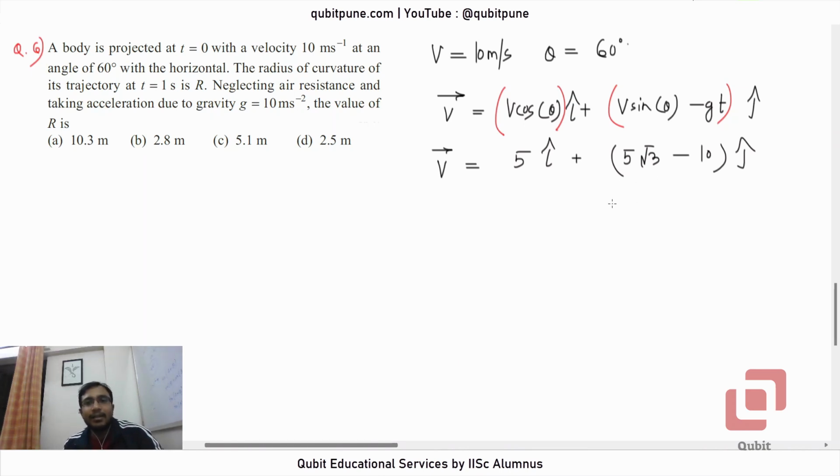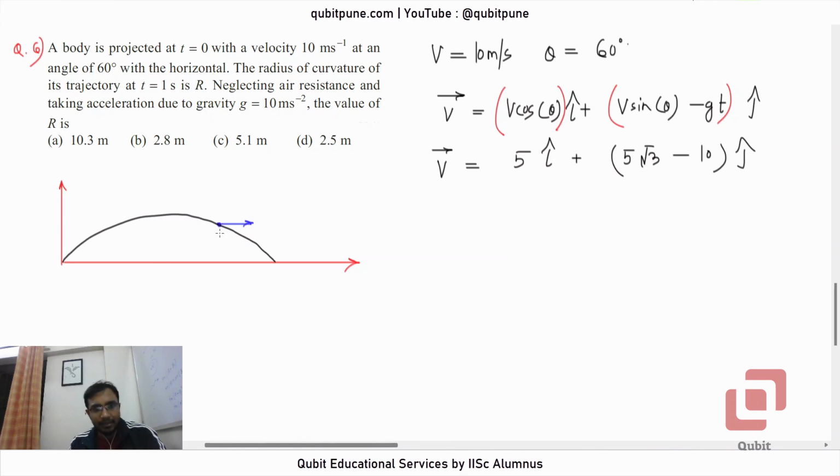That shouldn't matter much to us, but it's just an estimate of the location of the particle. The particle's velocity has a negative y component, so it has to be somewhere like this.